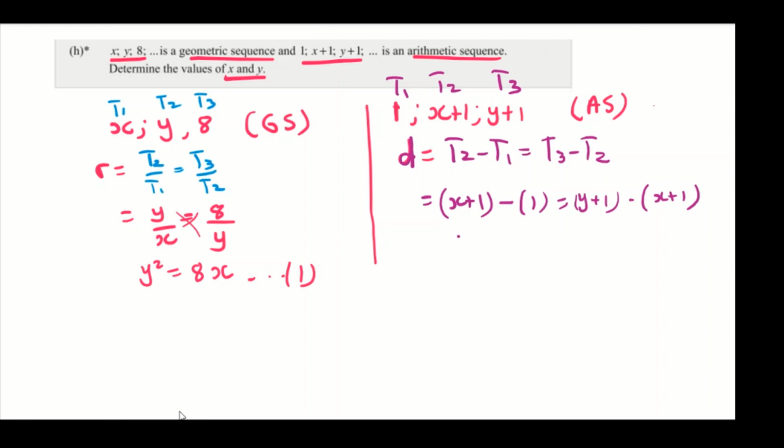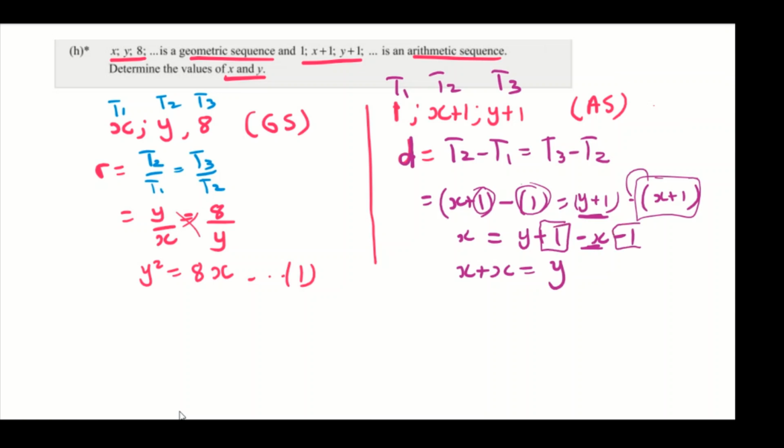Simplify this further, you have x, so this plus 1 and this minus 1 go away, so it's equals to y plus 1, which is this one here, minus x minus 1, which is this one here, right? Because the negative will multiply everything that is inside. And then transpose the x to the other side, we have x plus x equals to y, and this plus 1 and negative 1 will cancel out. So you have 2x is equals to y as equation 2.